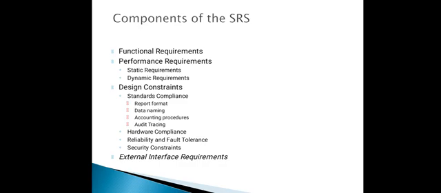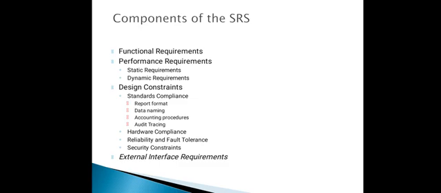Next is design constraints. There are a number of constraints or factors that may restrict the choice of a designer, like standard compliance, which specifies the requirements derived from the existing standards, like report format, data naming, accounting procedures, audit tracing.